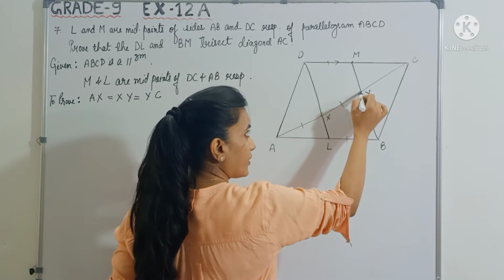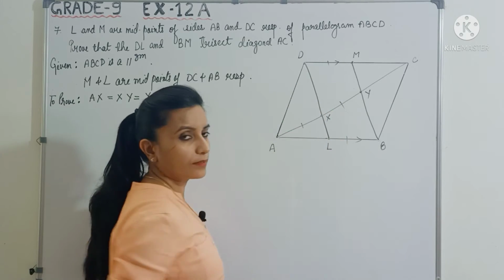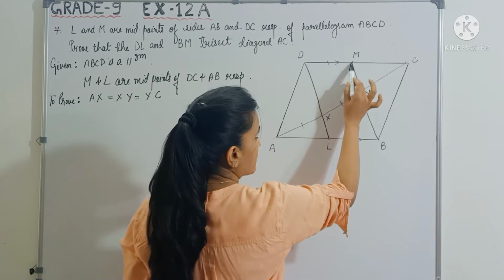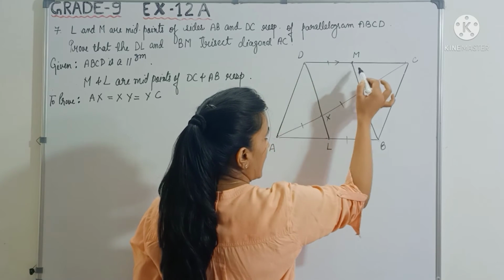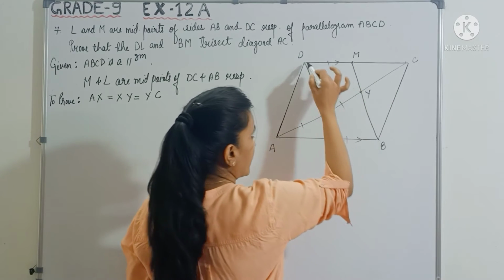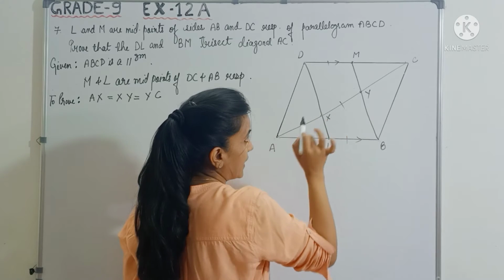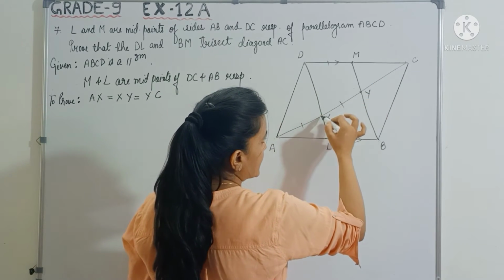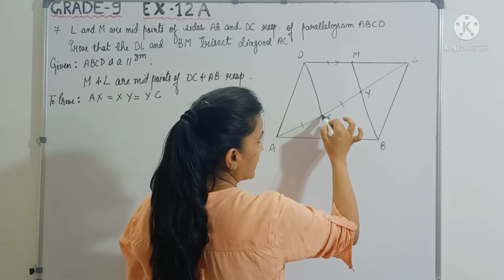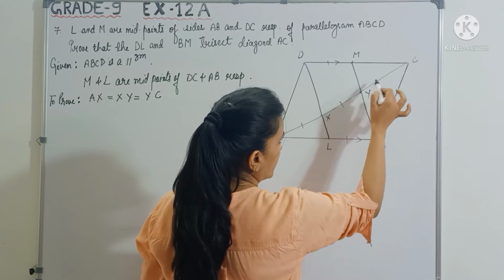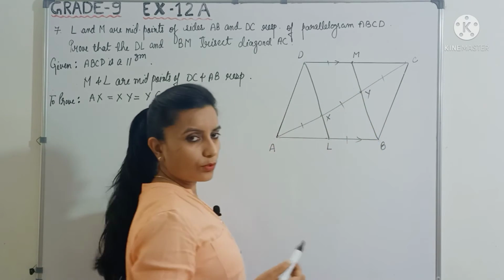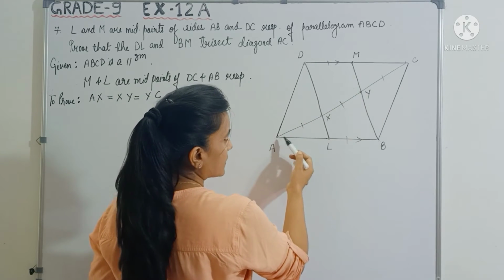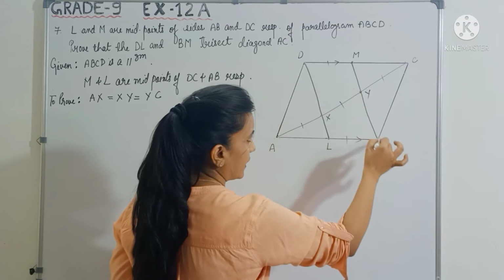So MY will be parallel to DX, right? So in triangle CDX, M is the midpoint of CD and MY is parallel to DX. This implies that MY will bisect CX, right? It means XY will be equal to YC. So here, hence we showed that AC is trisected by DL and MD.